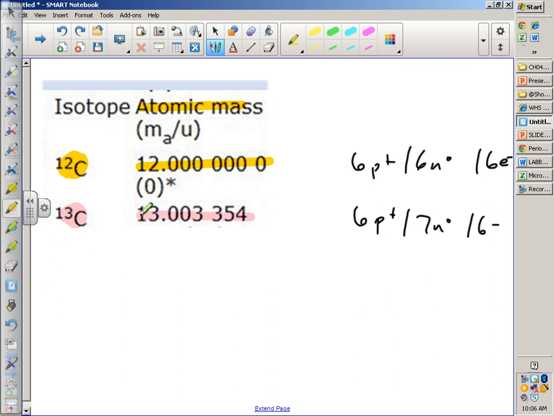And what do you see about that atomic mass for carbon 13? Rhea, go ahead. It's not exactly 13.0000. It's pretty close, but not exactly, right? So, what does that tell us, maybe, about some of the things that make up atoms?